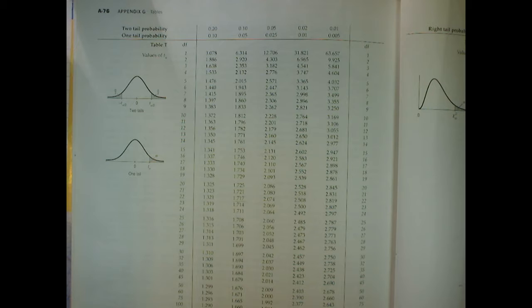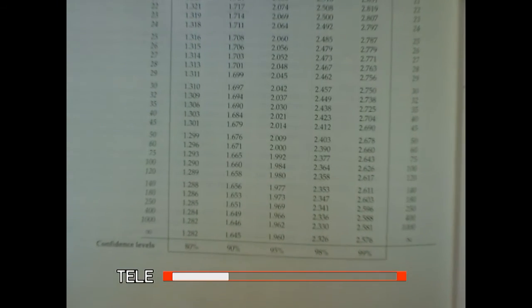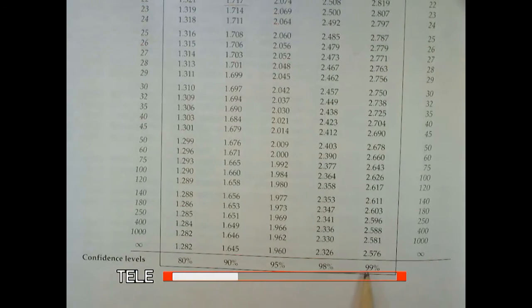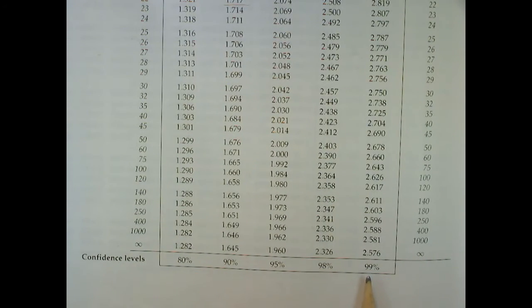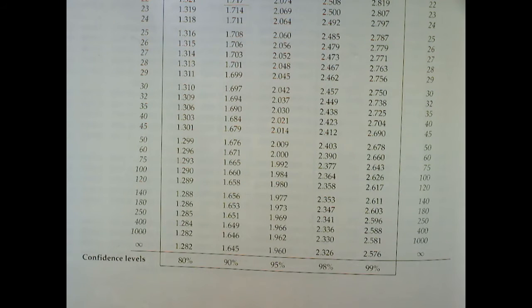So a couple things going on here. We've got one tail probabilities, whatever. Let's look at the bottom. Confidence levels. All right, so we got 99% confidence. Running up and down the side, these are the degrees of freedom. Our sample size is 144, so our degrees of freedom is 143. That doesn't actually exist on here, but we have 140, which is close enough.